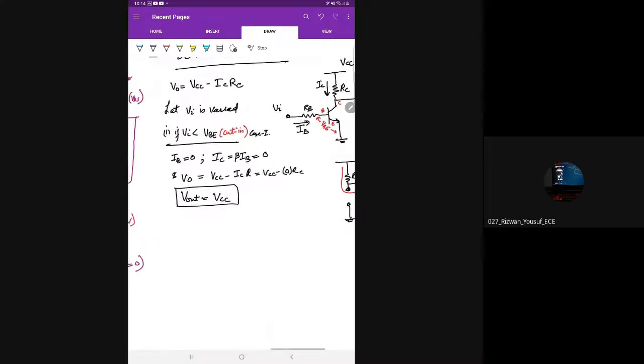Now the second case is that if V input is greater than VBE, that is the cut-in voltage. In the first case, when V output is VCC, we can say that the transistor cannot conduct.